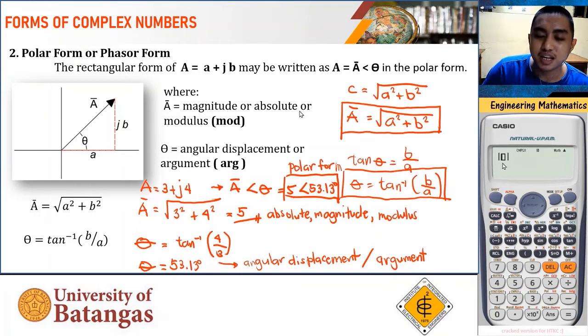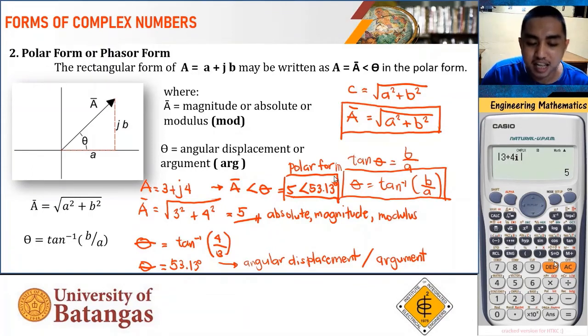So, kapag absolute ang hanapin natin, kailangan mapalabas natin to. So, i-type ko yung ating given, which is 3 plus 4i or 3 plus j4. So, mapapalabas natin yung ating absolute value, which is 5.